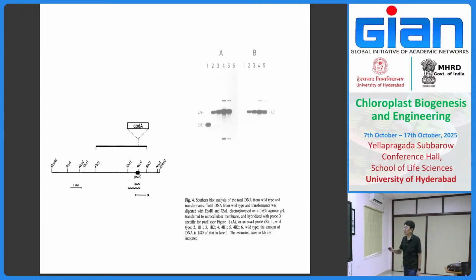So we cloned it into the plasmid, PstI, SalI, or XbaI and SalI, and then digested this plasmid with NcoI restriction enzyme, and then inserted the AD cassette here and ligated it. So making the plasmid was relatively easy.